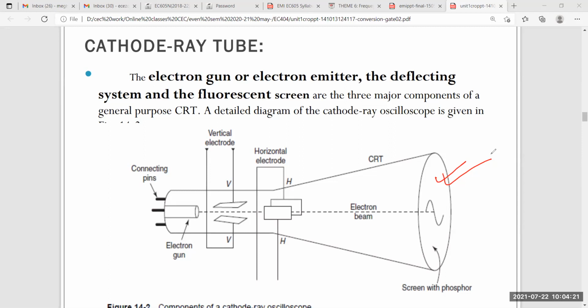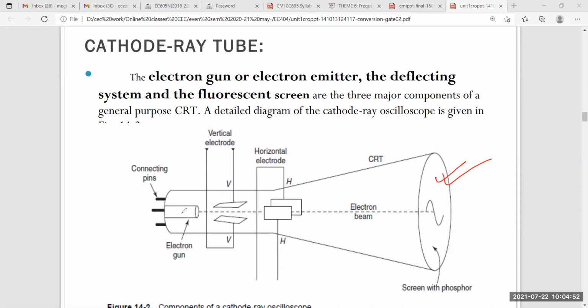Let me discuss. You just follow this picture and I will explain one by one. First, the electron gun assembly. Where is the electron gun? The picture is not shown so properly, so I have this picture right now. Here are the vertical deflection plates, you can see a vertical electrode.